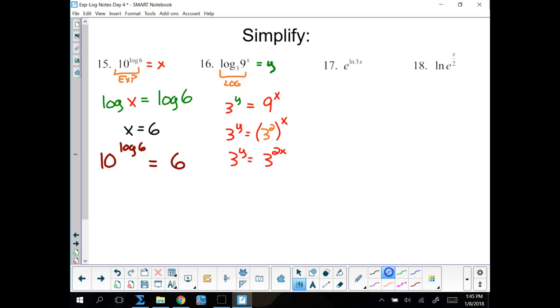So y here is equal to 2x. So log base 3 of 9 to the x power is simply just 2x, because that's what we've got y to be equal to.